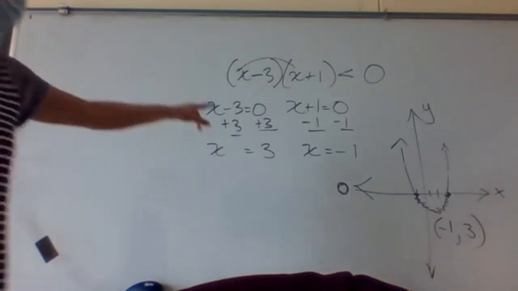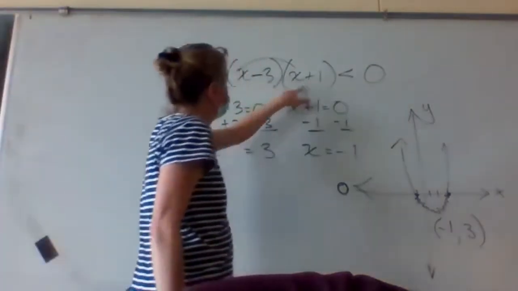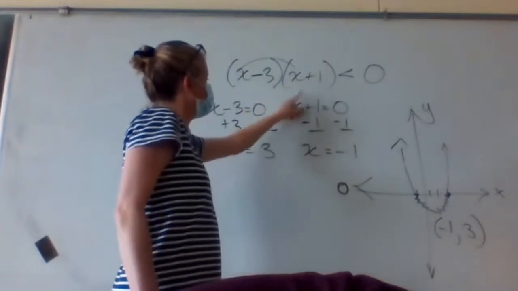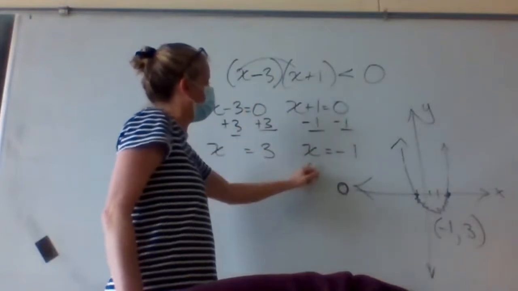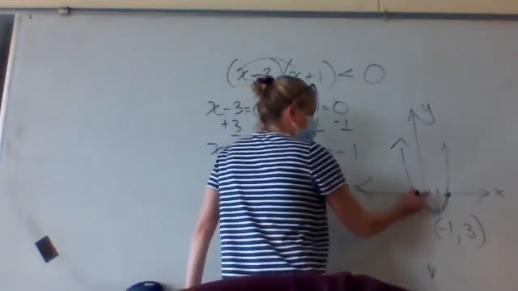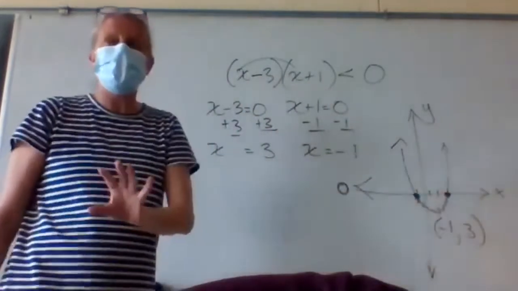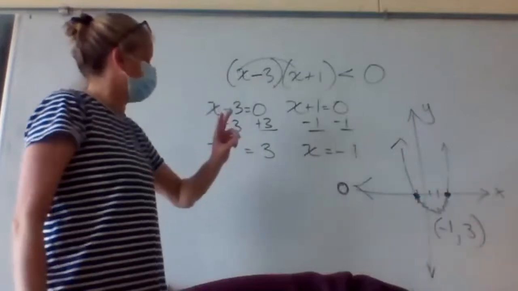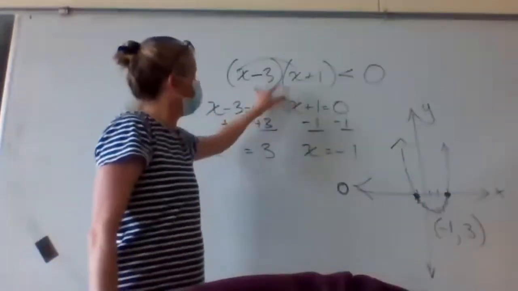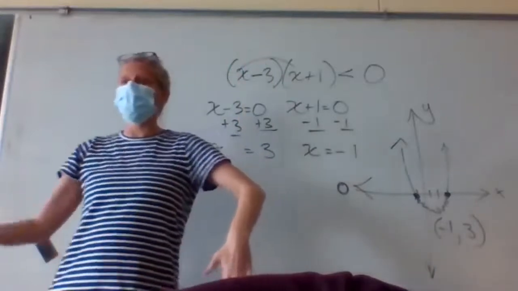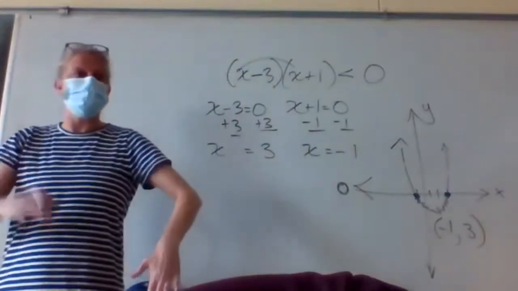So on number 1, I found the zeros or the solutions or the x-intercepts because it was in factored form, and I set them equal to 0 and solved them for their x's. I put those points on the x-axis, and then the 2 things I need to know are, is my U shape right side up or upside down? That just depends on what the x squared is, whether it's positive or negative.